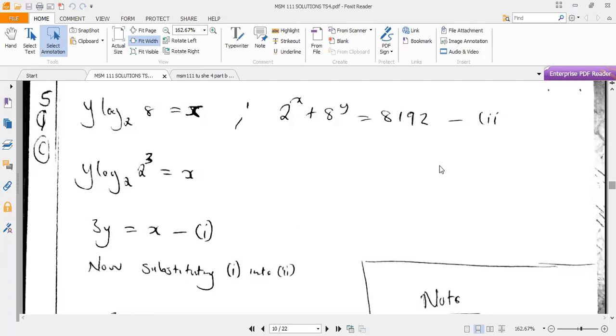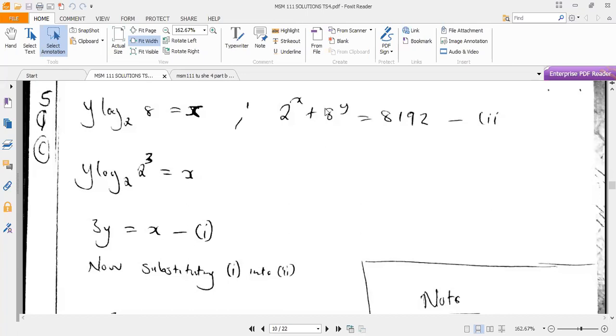If you have been given this question 5, it's asking us to solve the following simultaneous equations. As you can see, this part here: y log base 2 of 8 is equal to x.